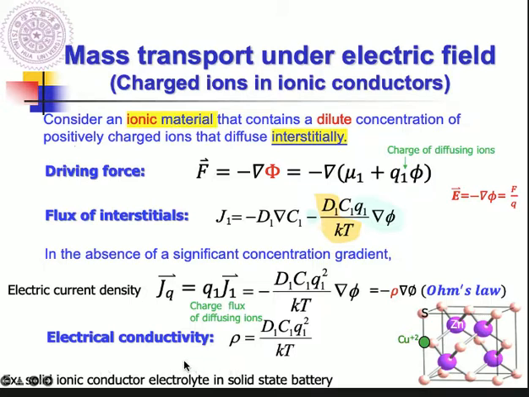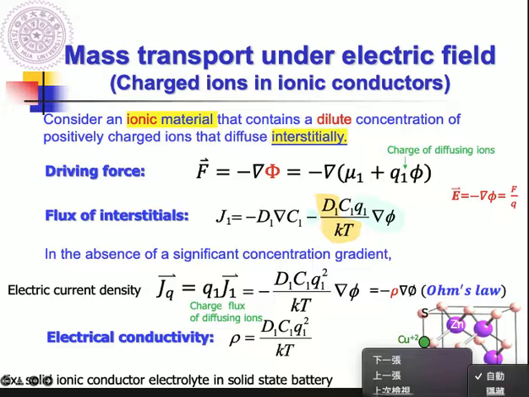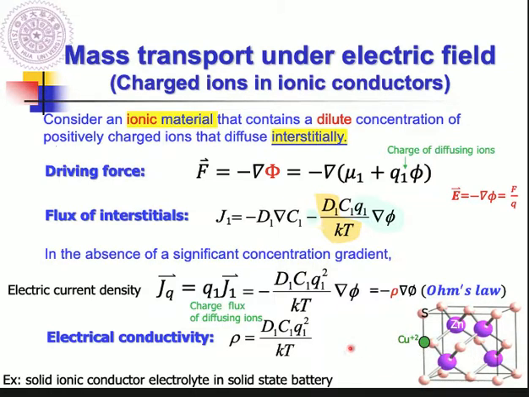Some people use this ionic material as a solid electrolyte in a battery. And as you know, most people want to increase the performance of the electrolyte by trying to increase the conductivity.